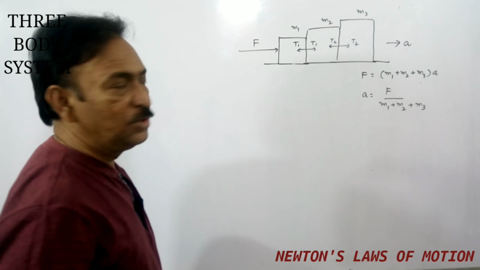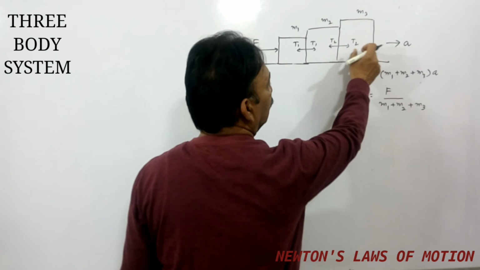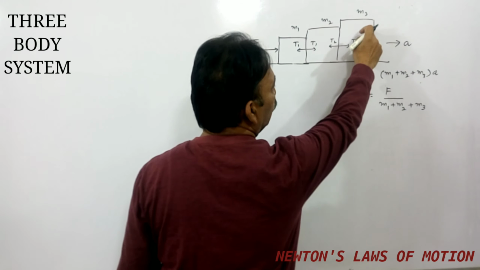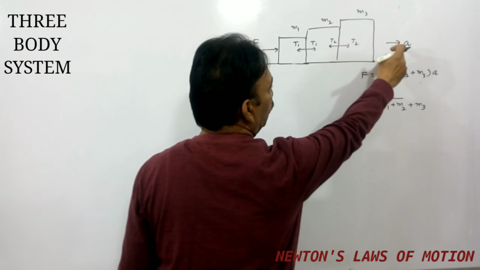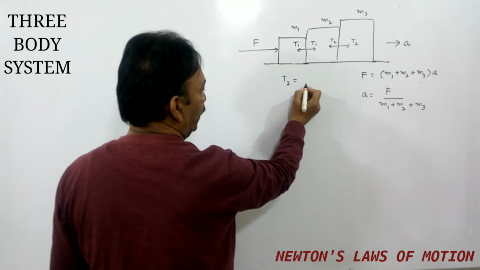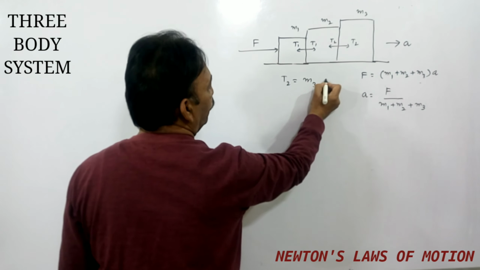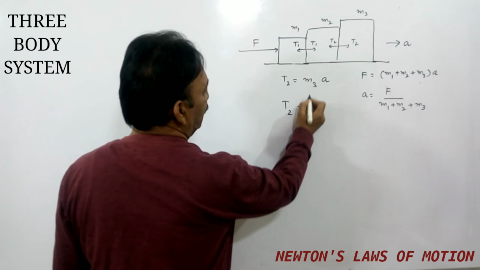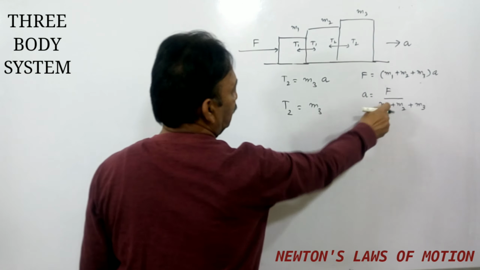Now we have to go with the tension. We are finding the tension T2 here. This T2 is responsible for the motion of this block, that means it is providing acceleration. Then we can write T2 is equal to m3 multiplied by A, with the acceleration we had.